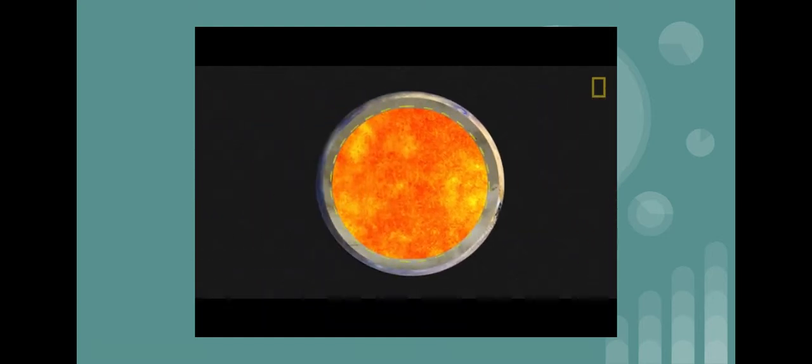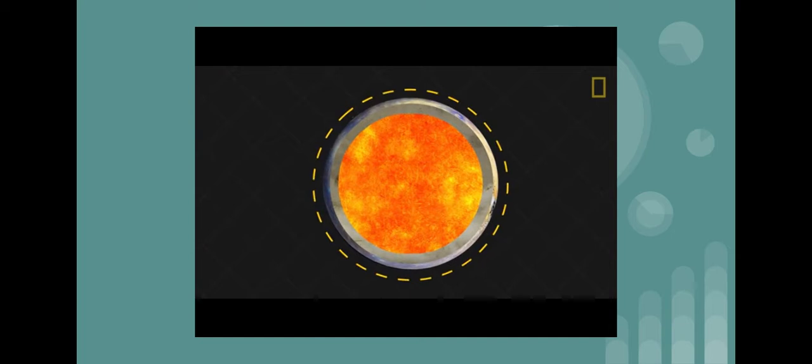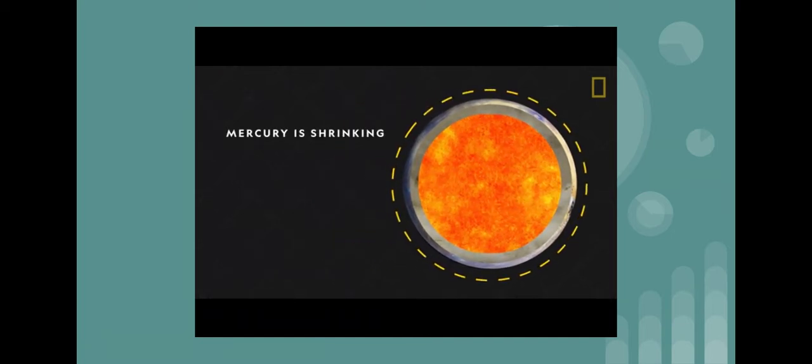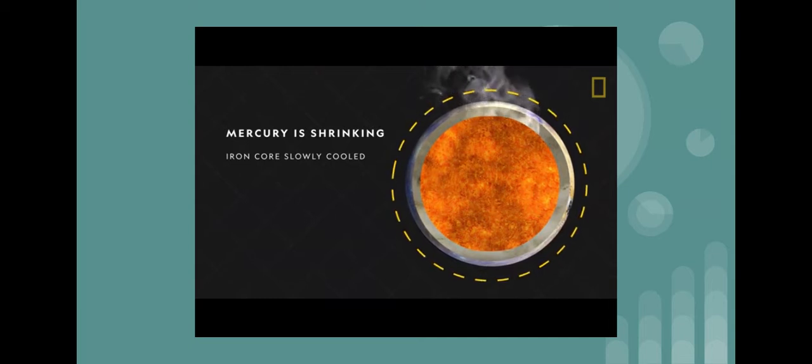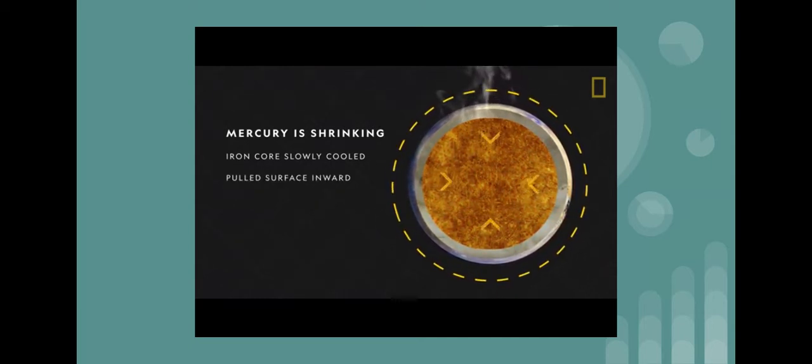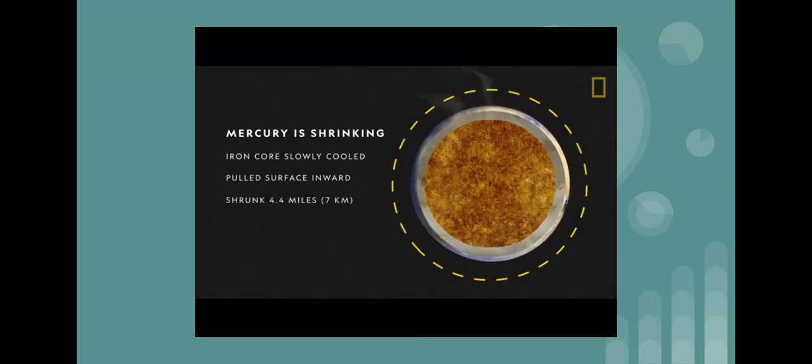Because of the core's exceptional size, it's had a surprising influence on Mercury's overall size by causing it to shrink. The hot iron core has slowly cooled and contracted over the planet's 4.5 billion years. In doing so, it pulled Mercury's surface inward and has caused the planet to shrink radially by more than 4 miles.